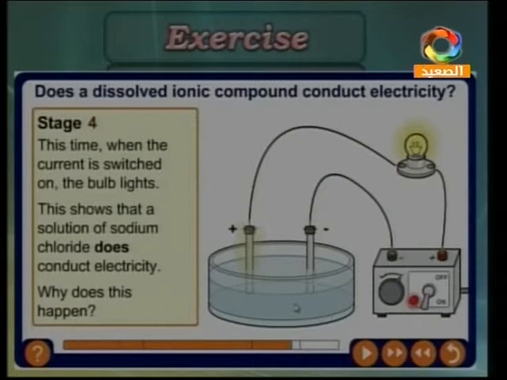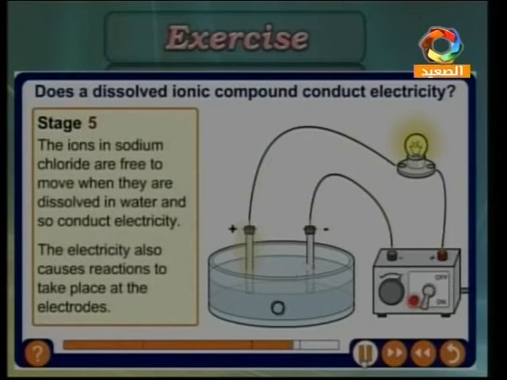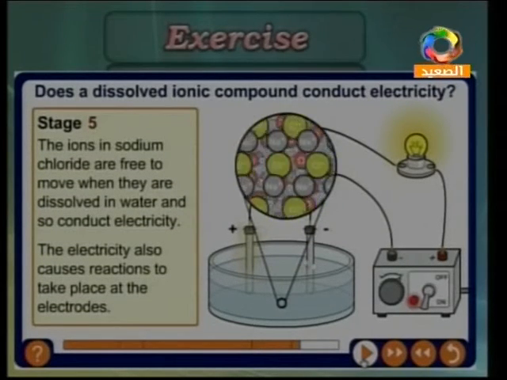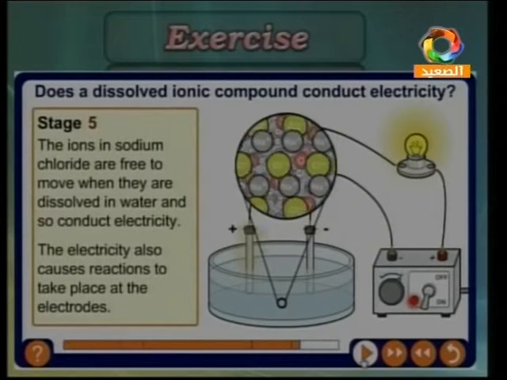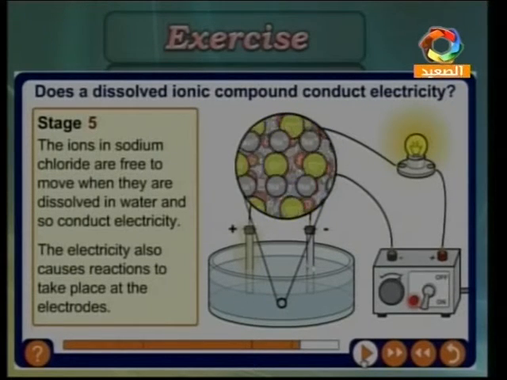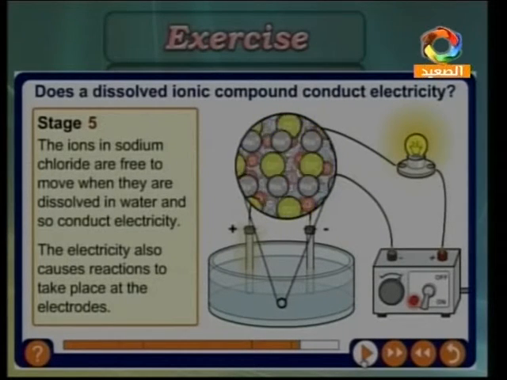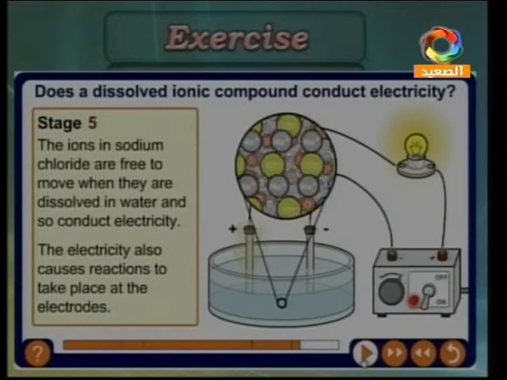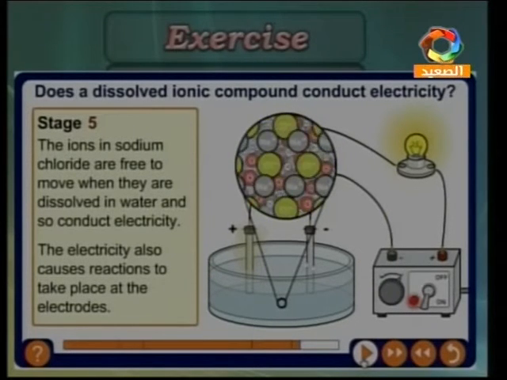By using what? By using the ions. The ions of sodium chloride are free to move when they are dissolved in water. So it is very easy for them to move inside the solution, from the positive pole to the negative pole, to close the circuit between the battery, lamp and the solution.